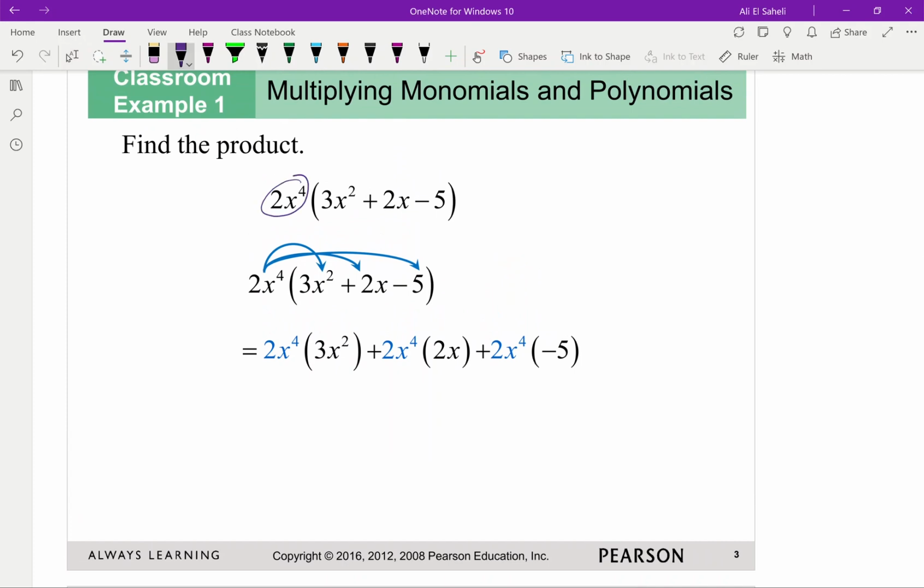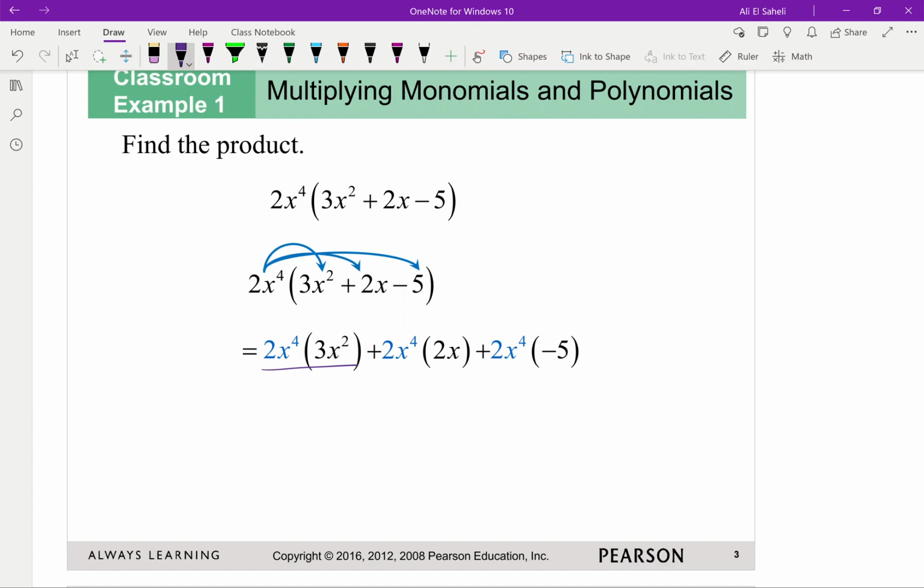Remember, mono means one, just one term, and this is the polynomial, which is made of three monomials, three terms. So what do we do? As in the figure here, we multiply first by this, then we multiply by this, then we multiply by this term.